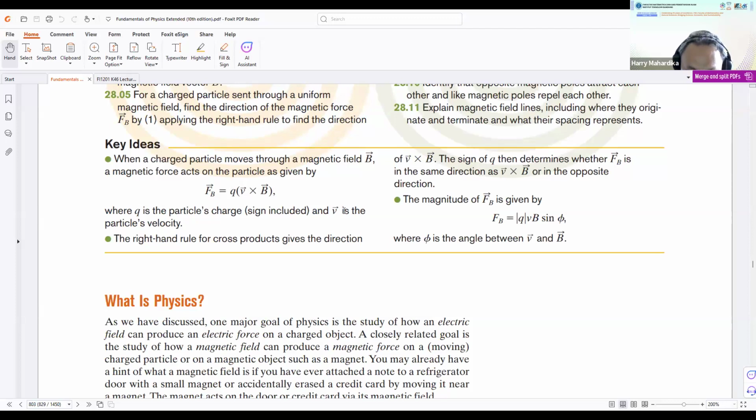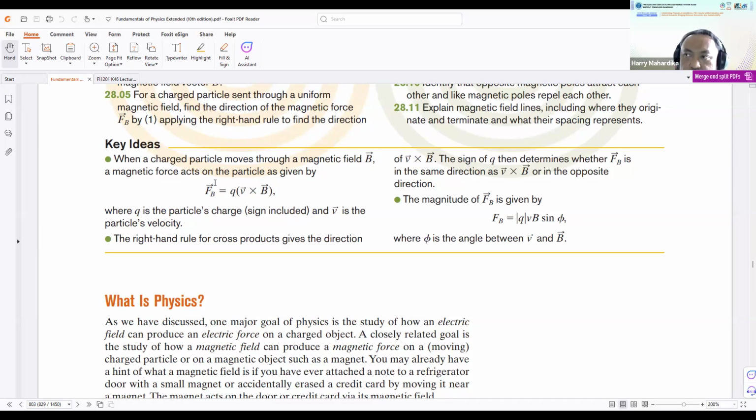And v here is the velocity of the particle. Again, in electromagnetism, the effect of a magnetic field on a charged particle usually happens when the particle is moving. If it's at rest, then there will be no magnetic force on the charged particle.